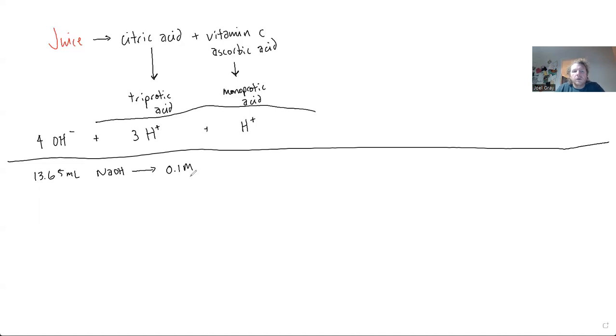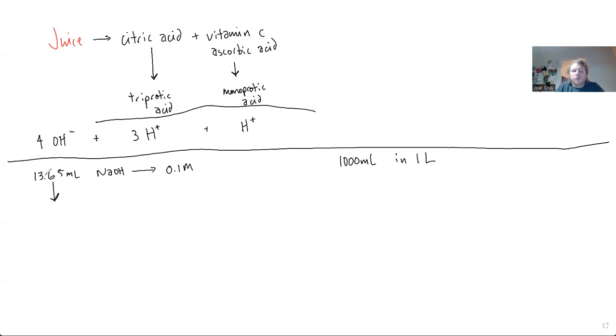So effectively, you need to figure out the number of moles of sodium hydroxide that you're adding. What we need to do first is take our volume in milliliters and convert it to liters. Now, there are 1,000 milliliters in 1 liter.